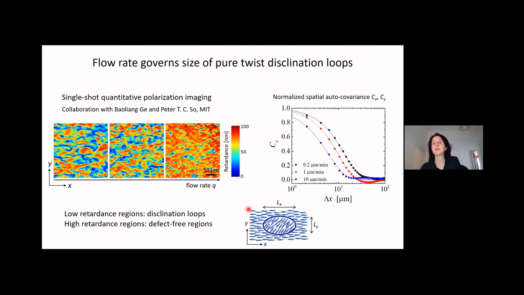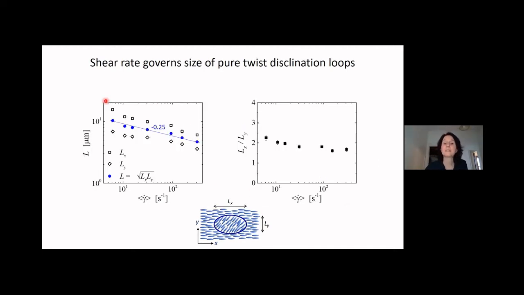We then calculate a normalized spatial autocovariance in the x direction and the y direction, which gives us access to the characteristic length of these disclination loops in the x direction and the y direction. Now, both Lx and Ly decrease monotonically with an increase in the average shear rate. And we define an average length as the square root of Lx times Ly, which decreases with a power law exponent of minus 0.25 with the average shear rate. Now, these disclination loops are elongated in the flow, and they have an aspect ratio of about 2.